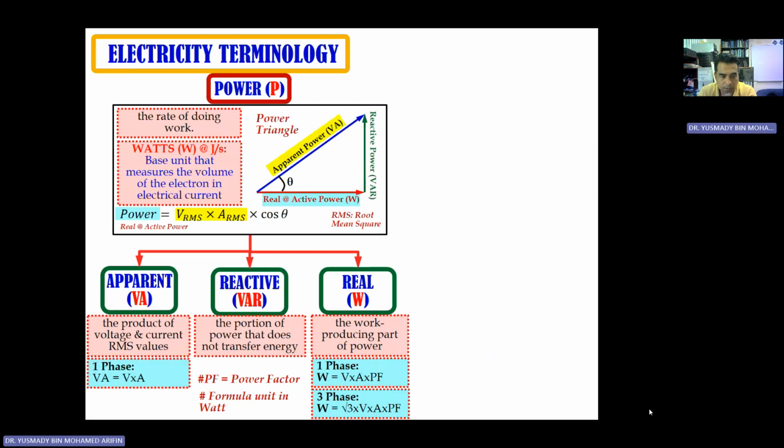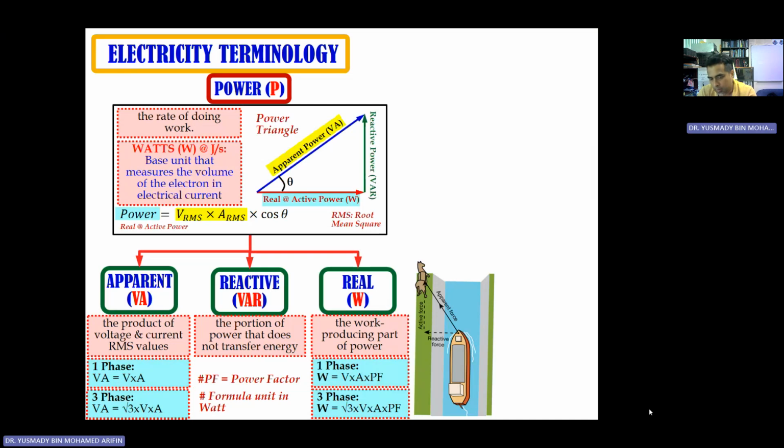For single phase, the formula will be voltage multiplied by current in amperes. For three phase, the apparent power is equal to square root 3 multiplied by voltage multiplied by current. Okay, these are the three types of power.